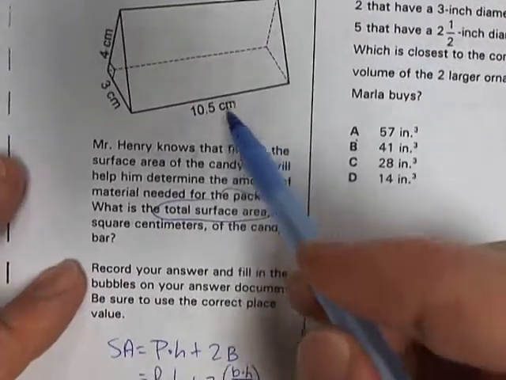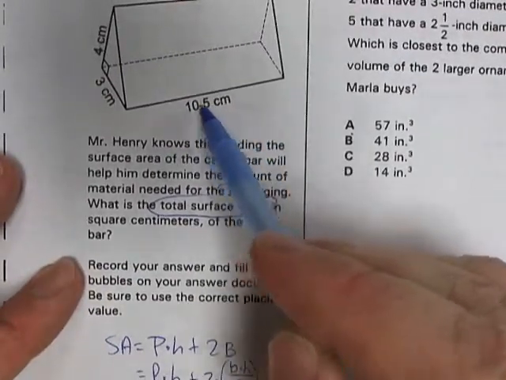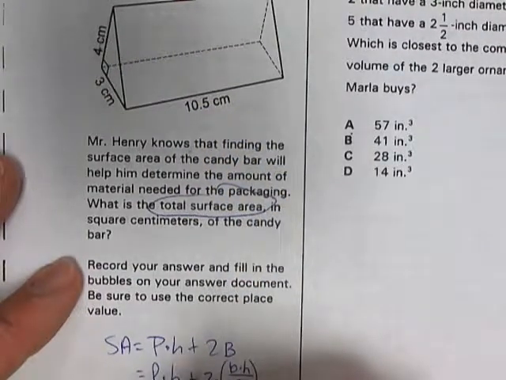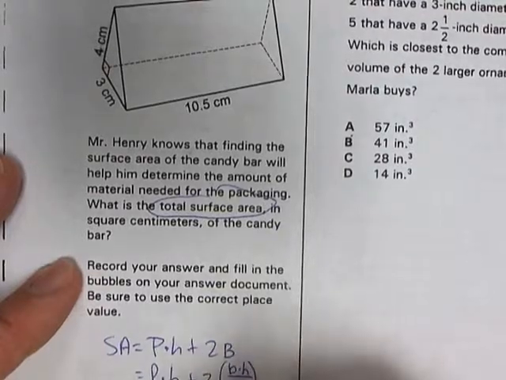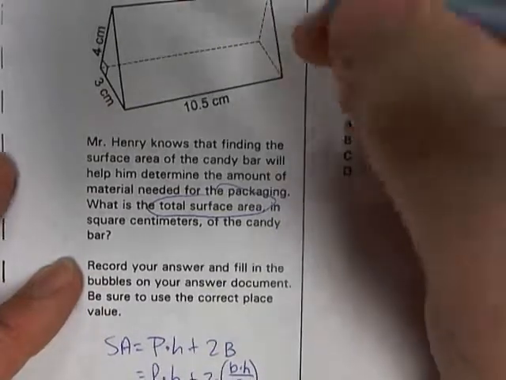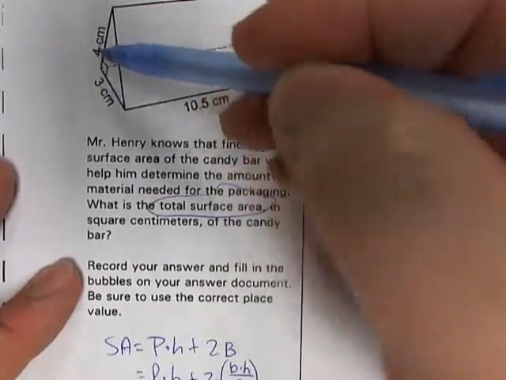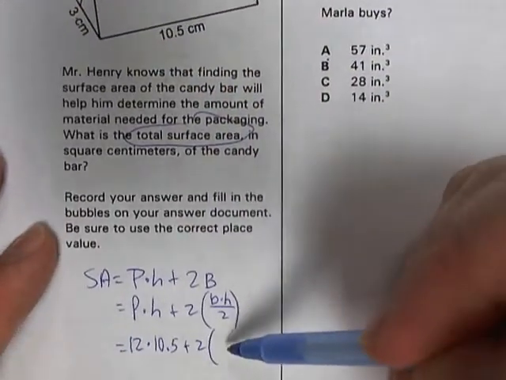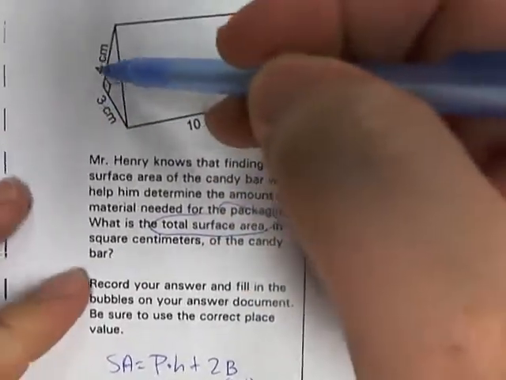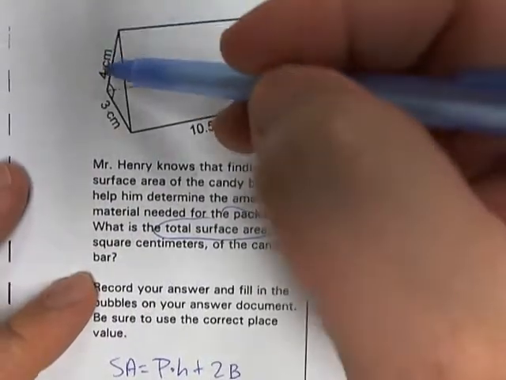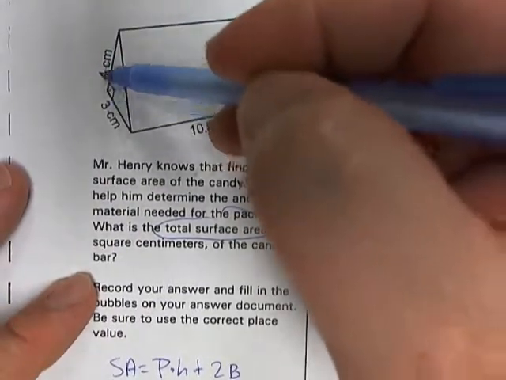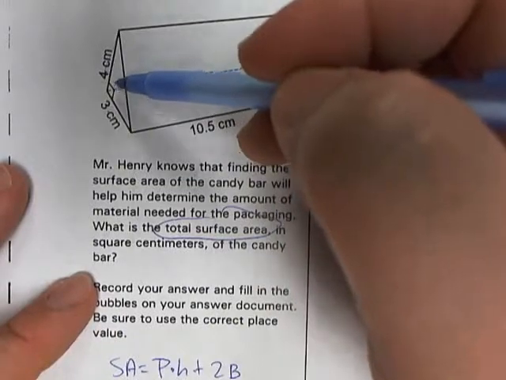The height of the triangular prism connects the 2 bases, so it has to be 10.5, plus 2 times the area of the base. Well, base times height divided by 2 is your formula for area of a triangle. Well, how do I know that 3 and 4 are the base and the height of the right triangle?